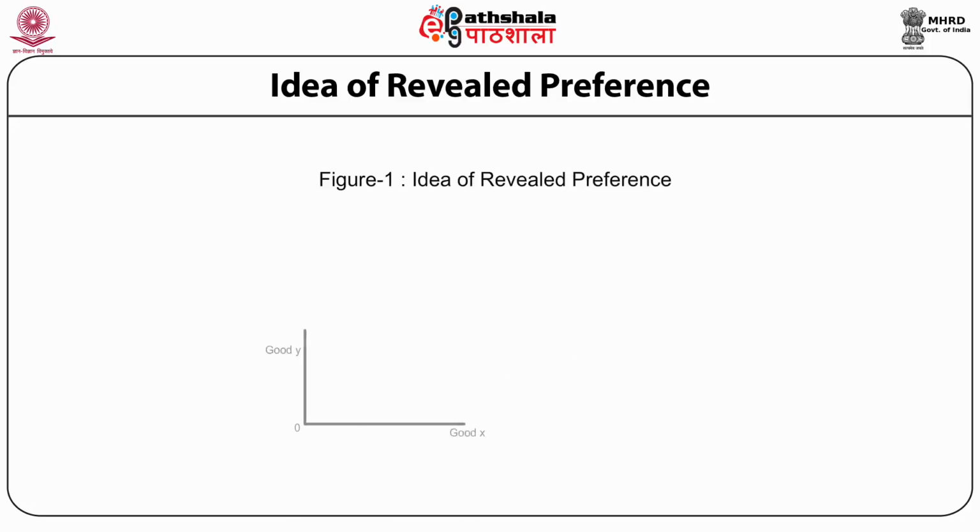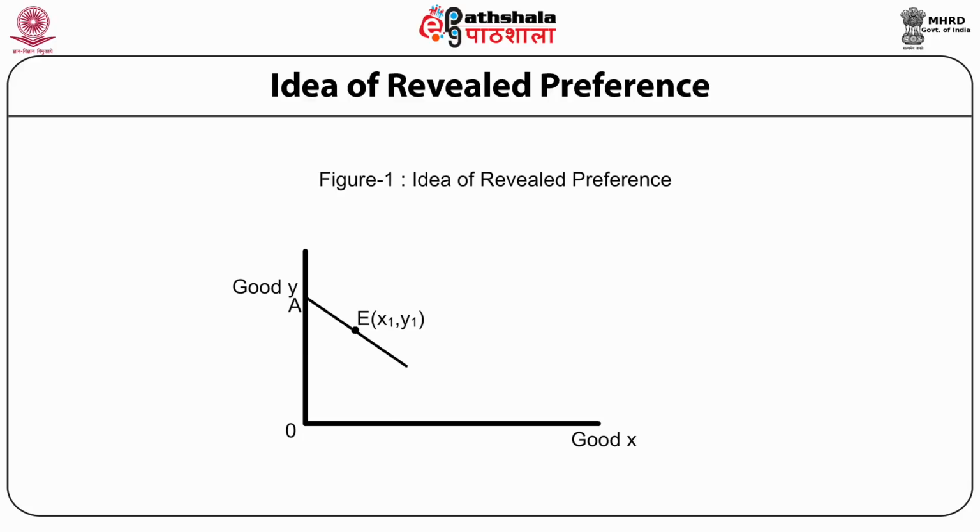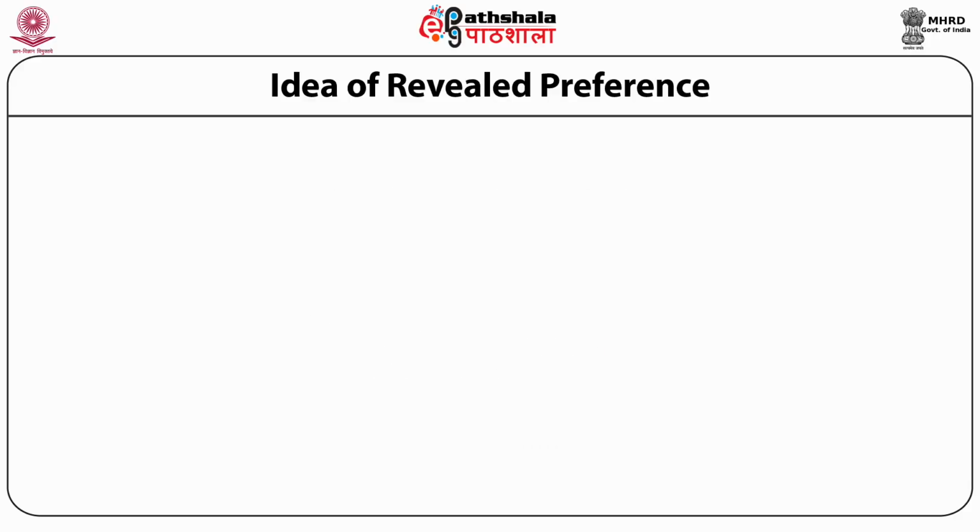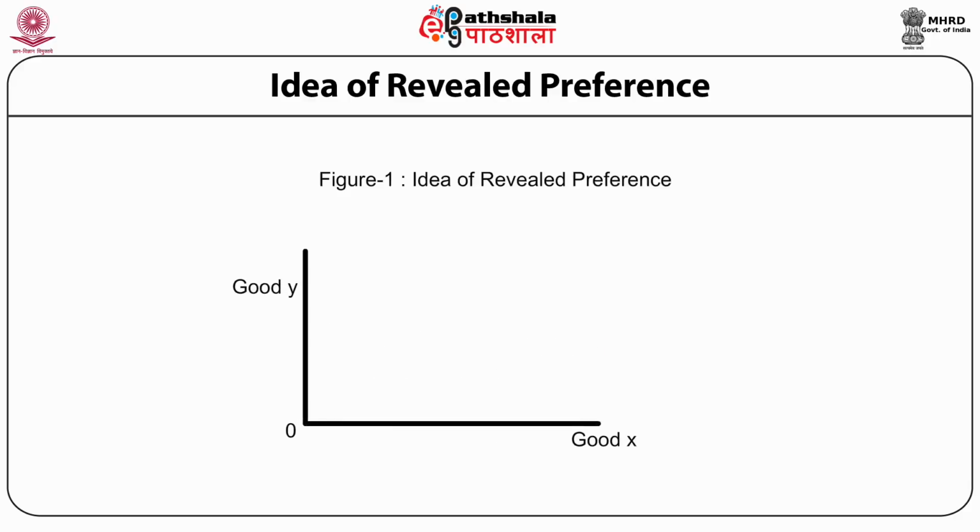Along the x-axis, good X is taken, and along the y-axis, good Y is taken. The line AB represents the budget line of the consumer. All the commodity bundles that lie on the line AB, like you can see the point E, and below AB, like point F, are affordable to the consumer.